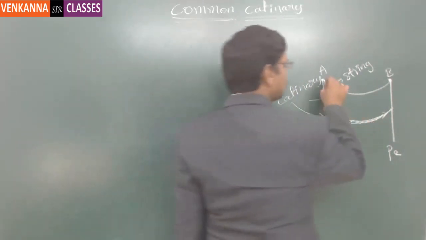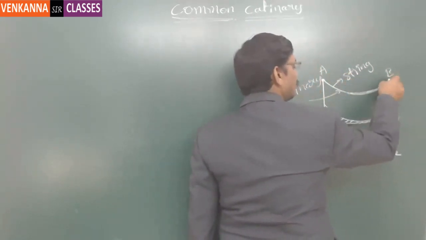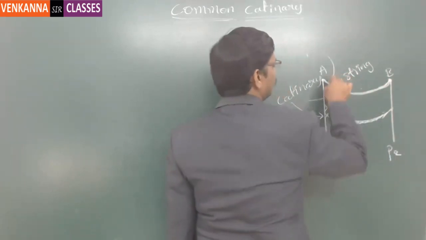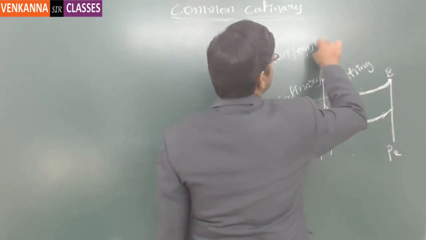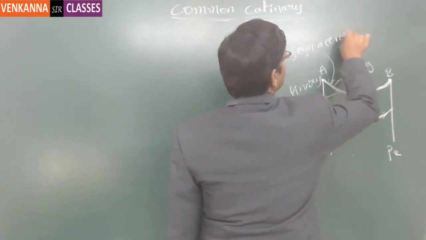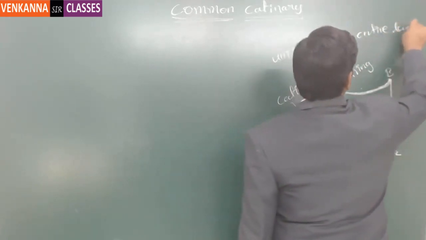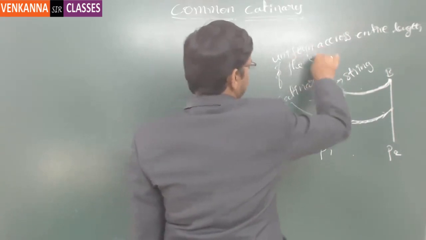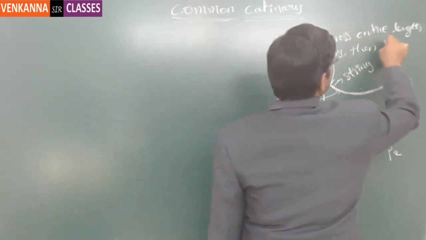In this particular case, the mass is uniformly distributed between the two different points. So this entire string is having uniform mass. If I say uniform mass across the entire length of the string, then it is called a common catenary.